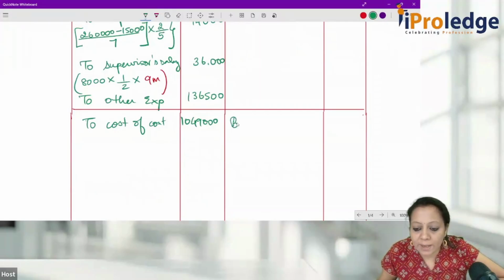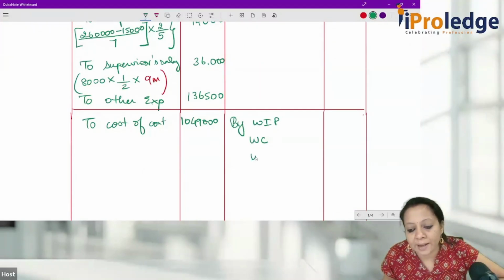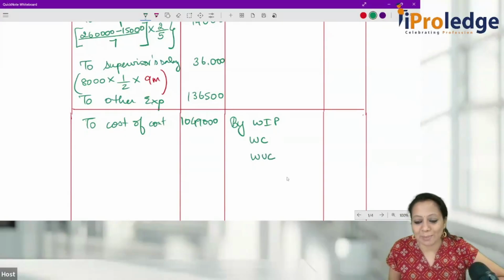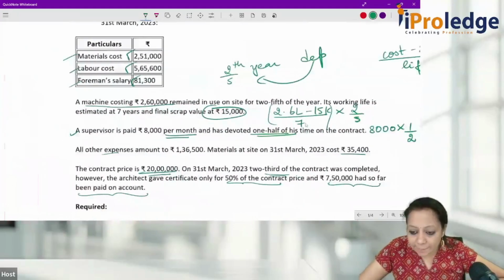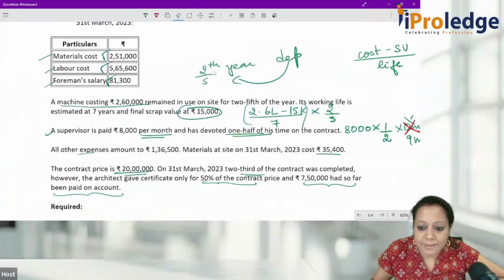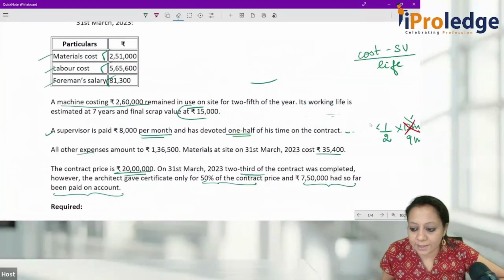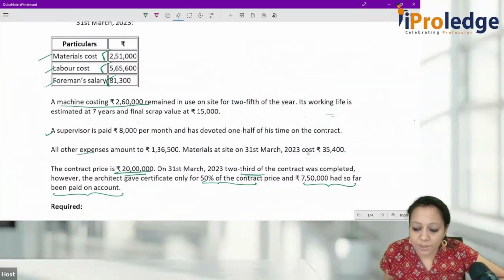Now by work in progress, it will have both work certified and work uncertified. Now I would like to explain this in a little bit of detail. I'll erase everything else so that it's very much visible, because we have to focus on this.